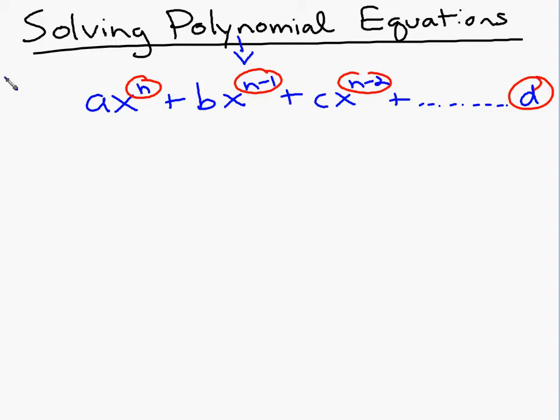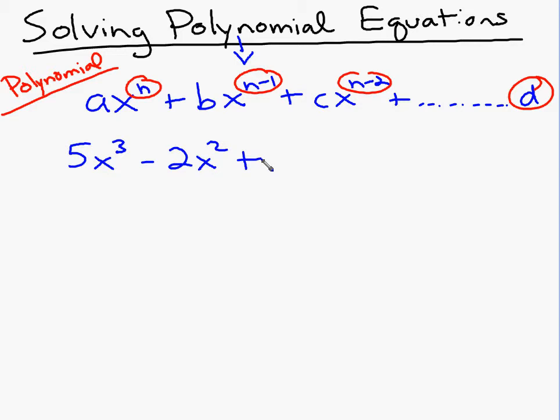Okay, this right here, by definition, is a polynomial. And what I want you to notice is that you've got several algebra terms together. Maybe a classic example would be something like 5x to the third minus 2x squared plus 5x minus 12. That is a polynomial, okay?